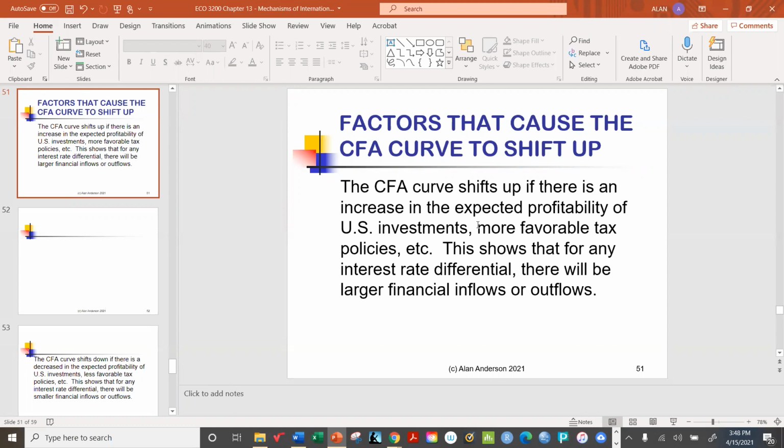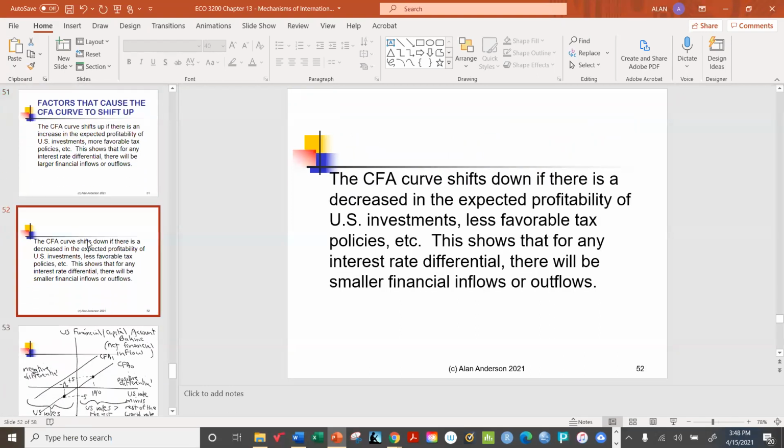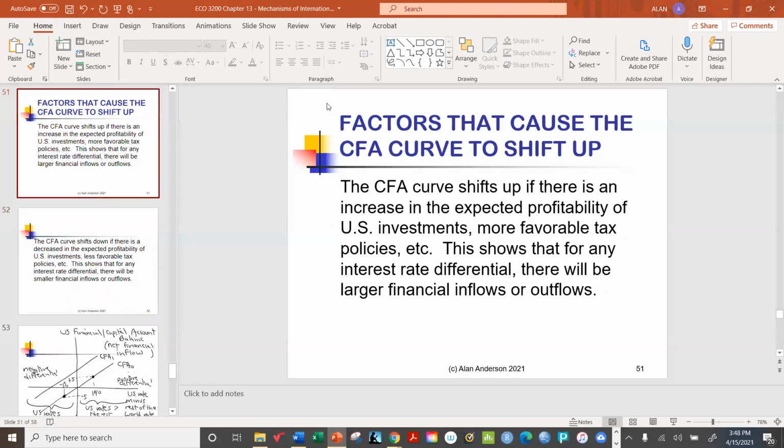But let's just say that something changed, and now, as a foreigner, the tax treatment is more favorable. Once again, you're going to find yourself wanting to put more money in the US and not so much in foreign countries. So that would cause the curve to shift up. Either of those and others as well. Anything in general that makes our investments more attractive will cause that curve to shift up, of course.